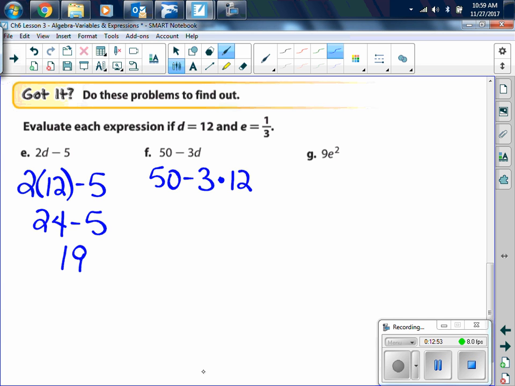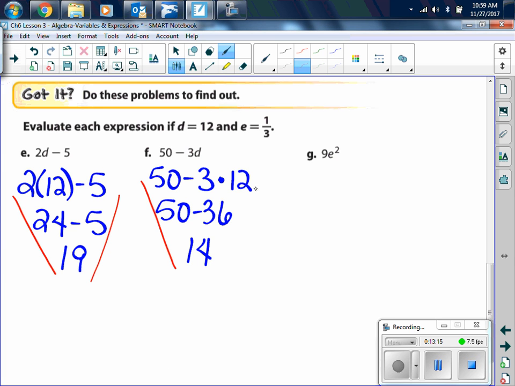Order of operations tells me what am I going to do first? We're going to do the multiplication. And this is where you're going to get your 36, right? So we have 50 minus 36, which is equal to 14. Very good. And again, if you are showing your work correctly, what do you see? The triangle. Your inverted triangle. You got it? Do letter G.